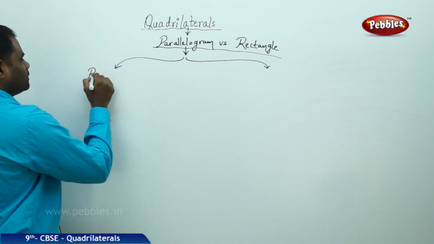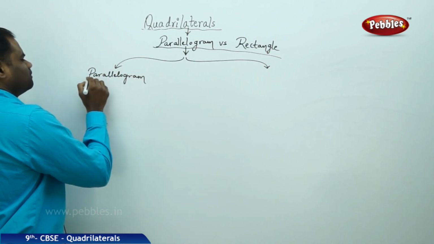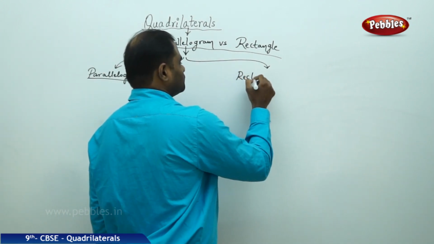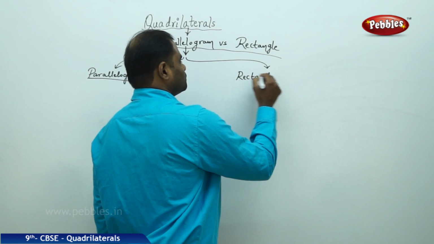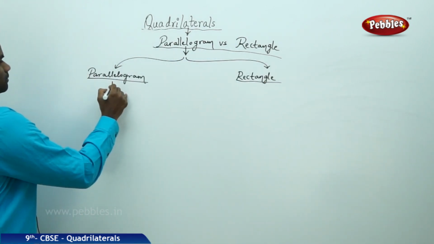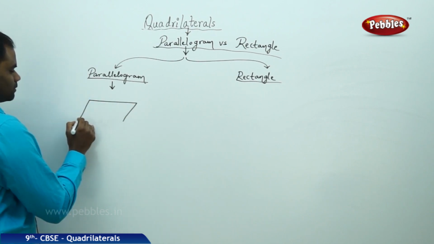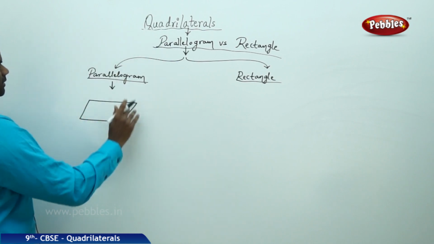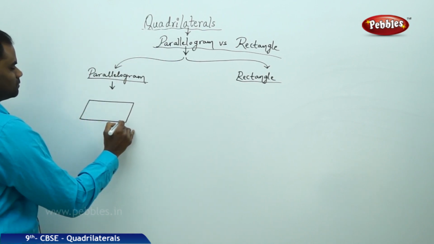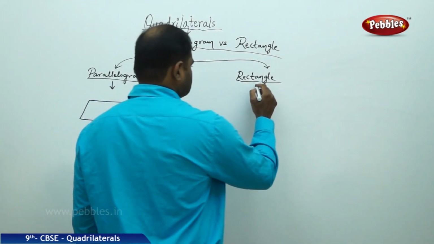So here I consider a parallelogram, and in this column I consider a rectangle. Now we know that a parallelogram is in the shape of a sleeping or a slanting rectangle. This is how we understand the parallelogram.